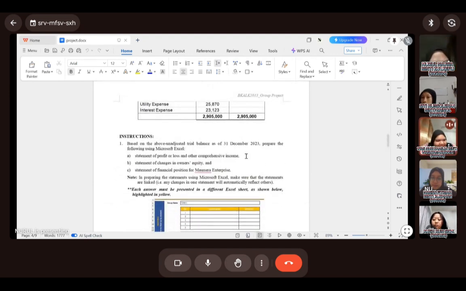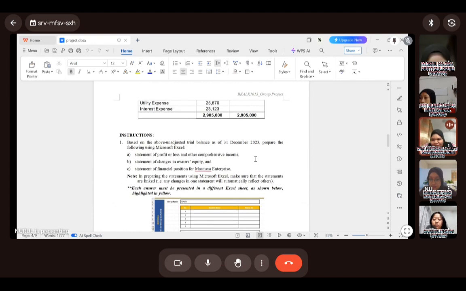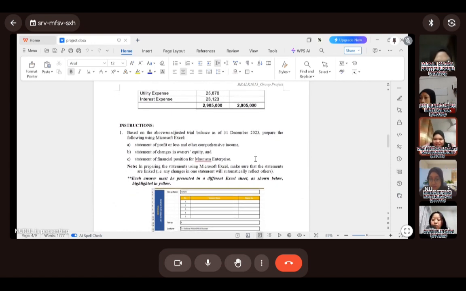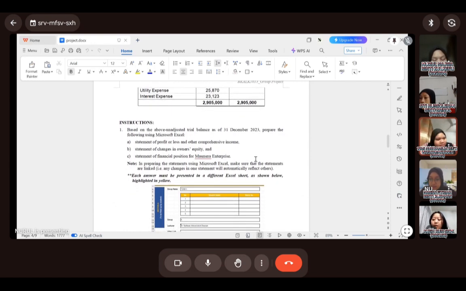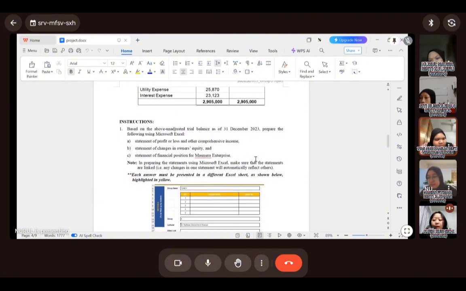Okay, and I can handle the statement of changes in owner's equity if that works for everyone. I will take care of linking everything in Excel and preparing the statement of financial position. And I will summarize our discussions on credit terms and shipping strategies along with the impact on operations.